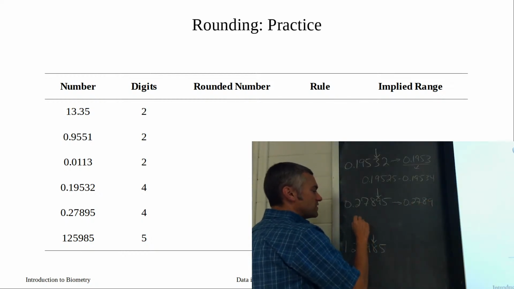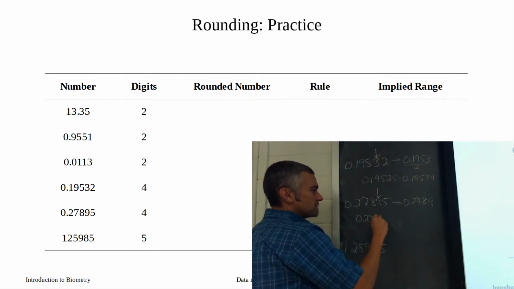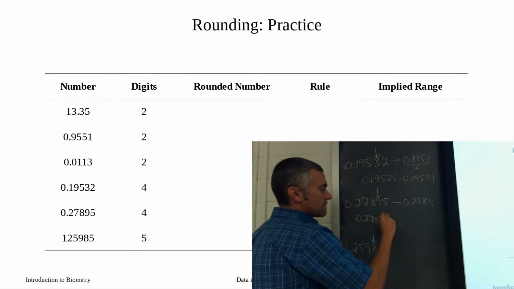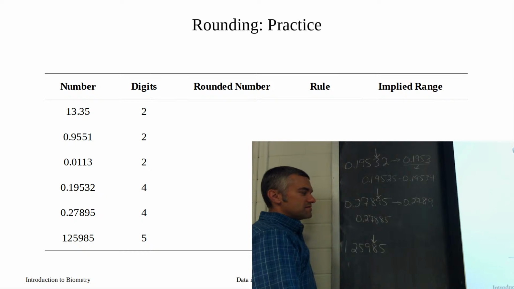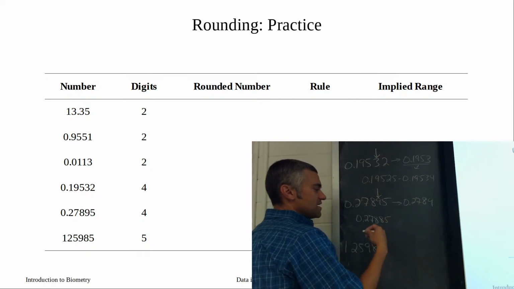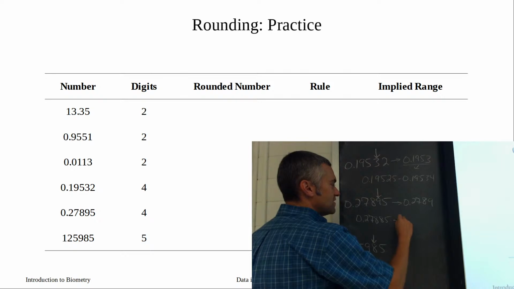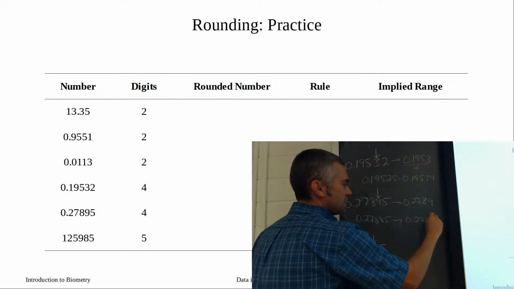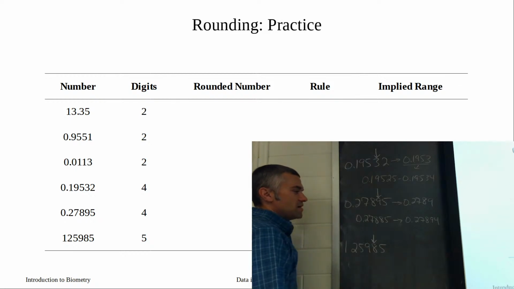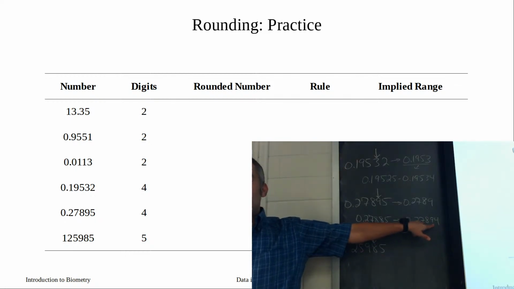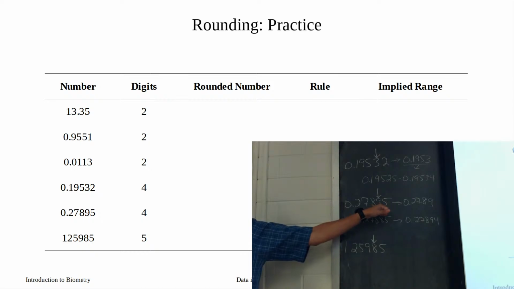All right, what are the implied limits? Hopefully it's 0.27885 up to 0.27894. Now you see what happens here. Our implied limits didn't capture this value.